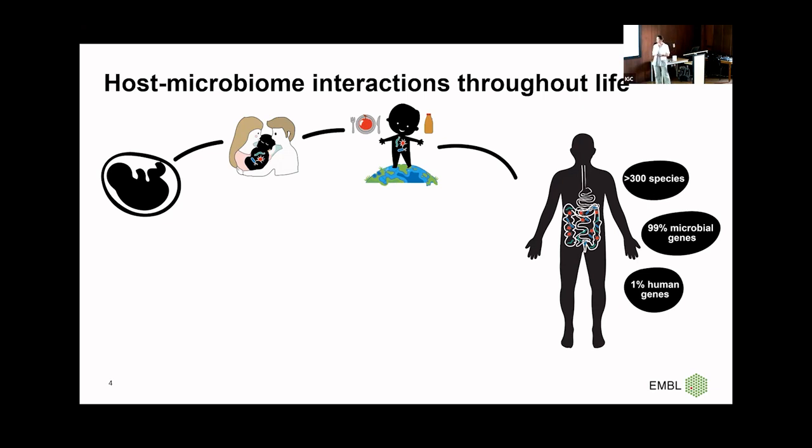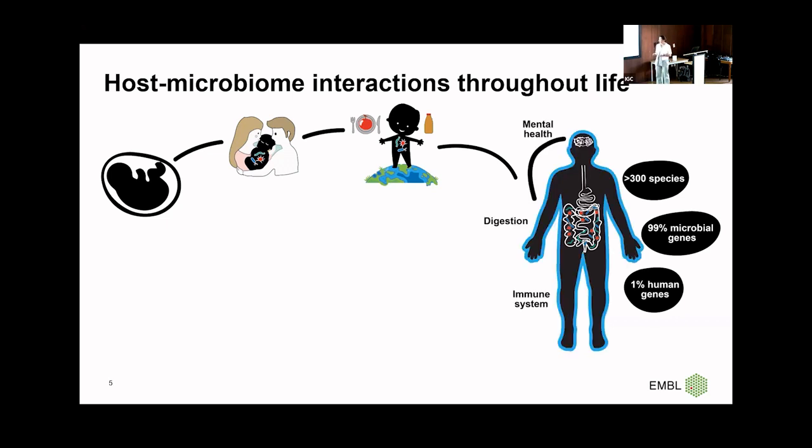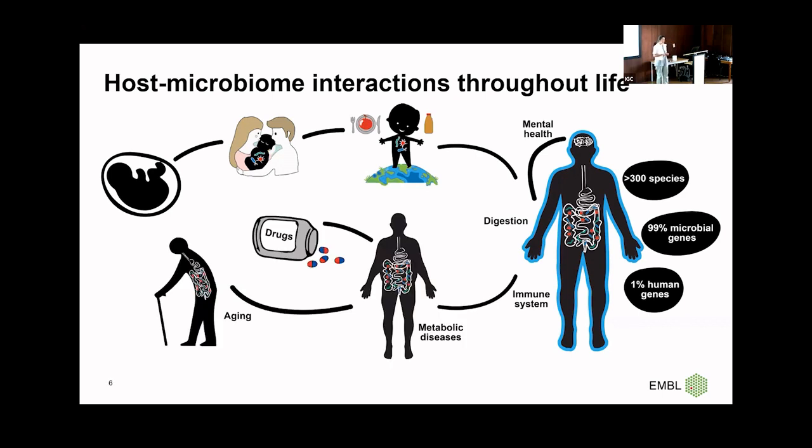different chemicals and compounds. And sequencing technologies allow us to relate the genetic diversity of microbes with different aspects of human health. For example, digestion, development of the immune system, but also processes associated with mental health, metabolic diseases, metabolism of medical drugs, and processes associated with aging.